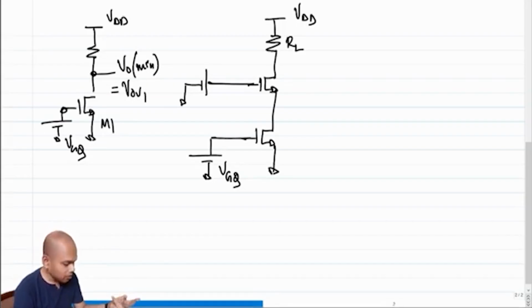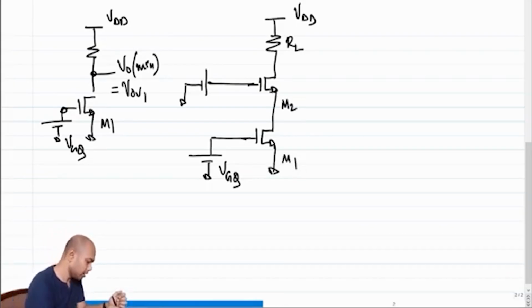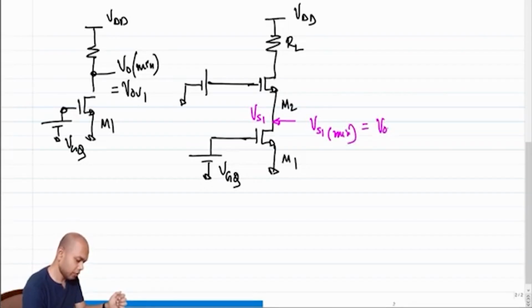What do you think will be the V0 min in the cascode configuration? So clearly, the minimum voltage here, let's mark this node, let me call this VS1. So VS1 min is equal to V overdrive 1.